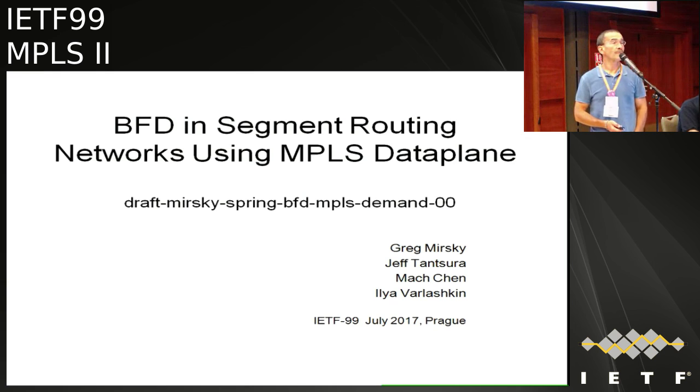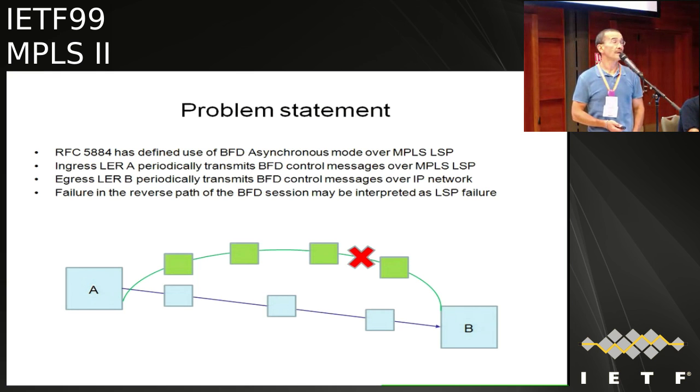Again, the problem with BFD as a method of monitoring continuity of unidirectional paths is that the return path might create false negatives. It could be because the network used for the reverse direction is less stable than the forward direction. So that's why the ability to control the reverse path might be beneficial.